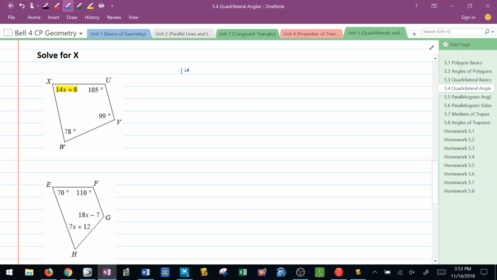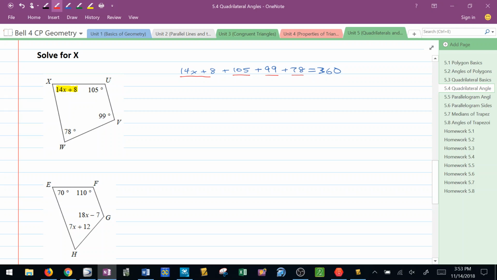So I simply state 14x plus 8 plus 105 plus 99 plus 78 equals 360 degrees. And again, here's an angle, here's an angle, here's an angle, there's the four angles.